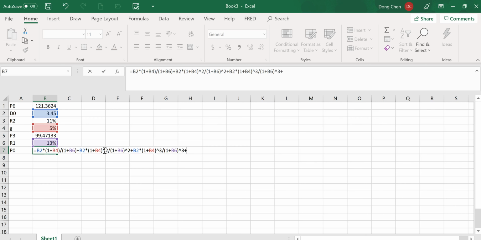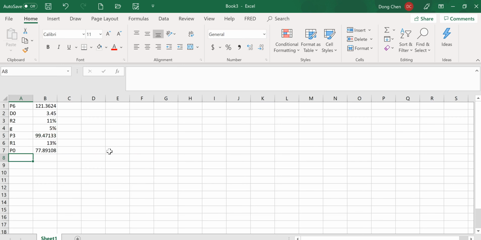And finally, don't forget about that P3. As we said, we have taken labored effort trying to find this P3, so that's a very important number here. So B5 divided by 1 plus R1, raised to the power of 3.